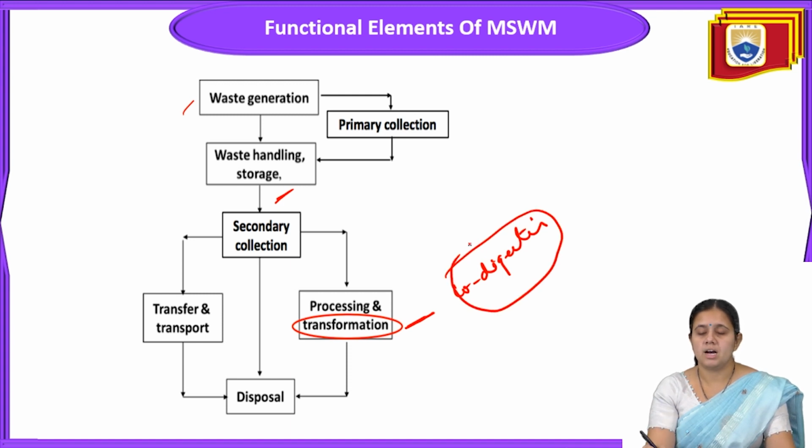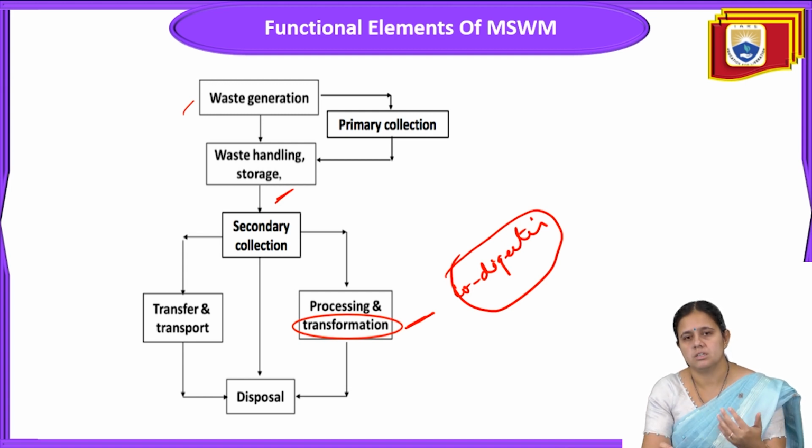That's why we are discussing co-digestion. What pre-treatment should be required for this municipal solid waste before going for disposal? Transformation is the conversion of waste from one form to another, from a toxic form to a useful form.